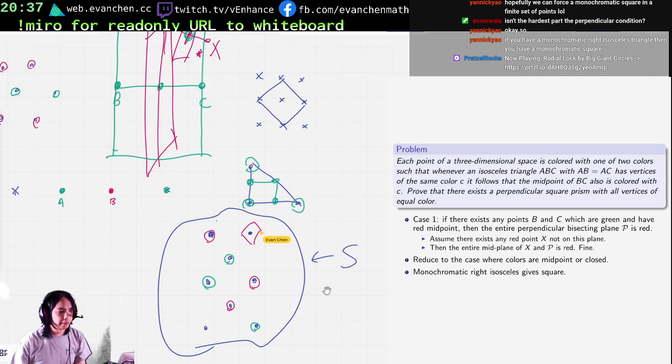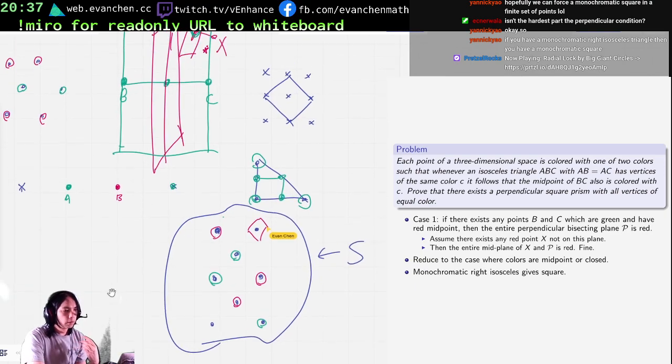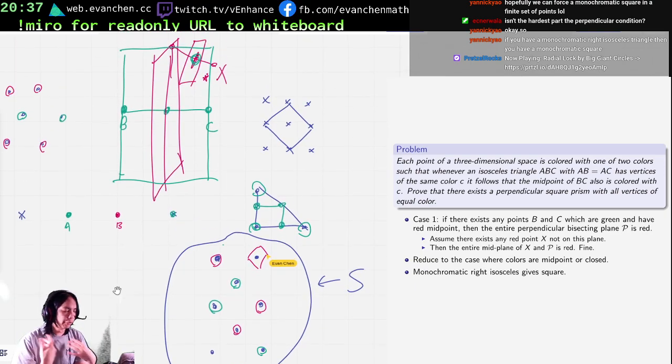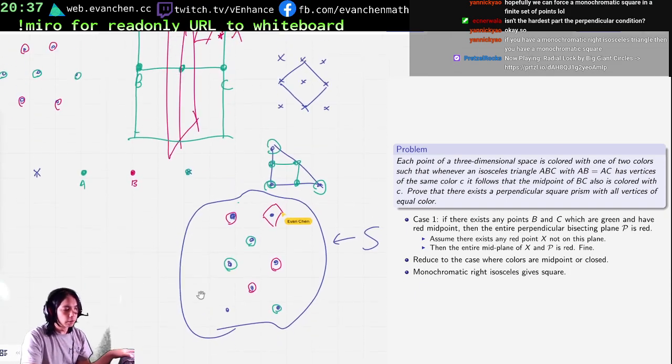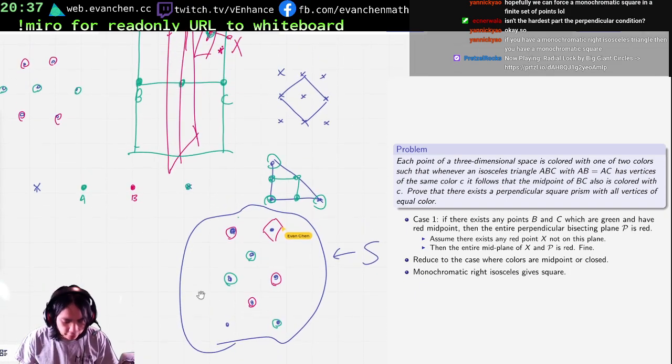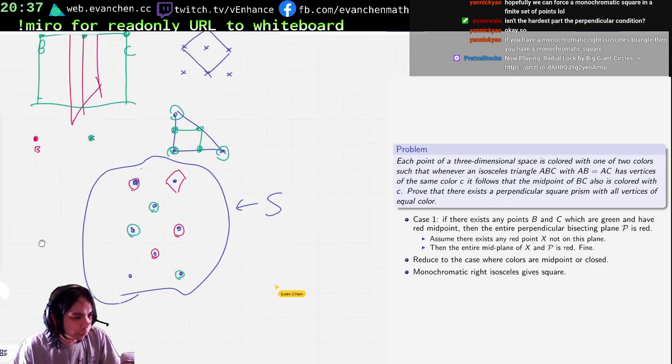So among this 8-point set, you can always find an isosceles right monochromatic triangle in that finite set S. So now all you have to do is, because we don't want a cube, we want a square prism, you take a bunch of stacks.